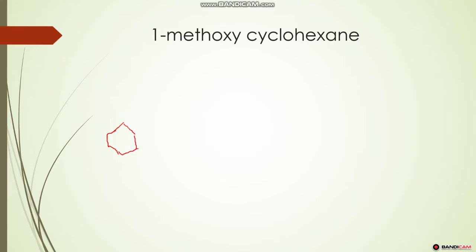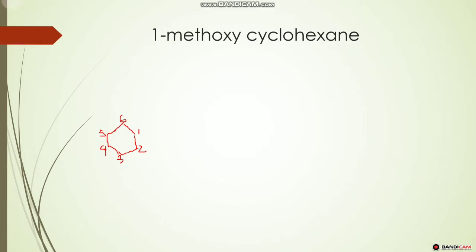So we have 1, 2, 3, 4, 5, and 6. So this is now our parent chain, the cyclohexane.